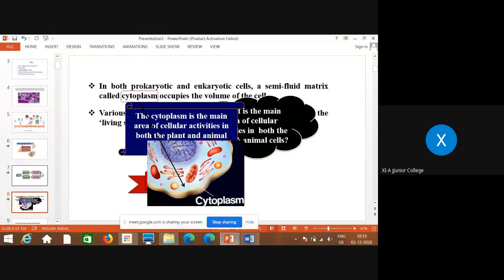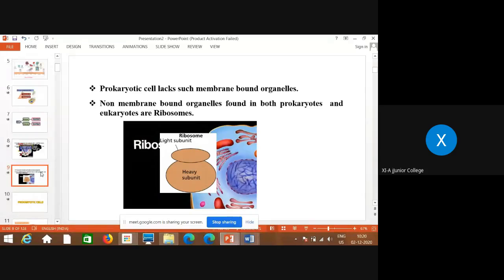That means the semi-fluid matrix, that main substratum or matrix, is called cytoplasm, in which different types of organelles are present or suspended. Now, what are these? We will discuss later.